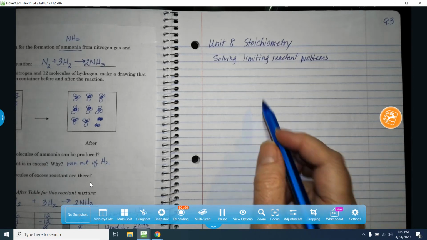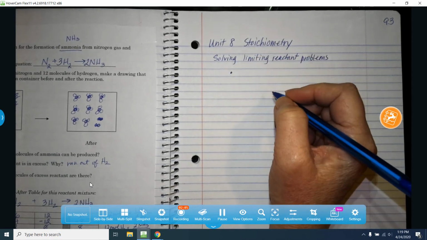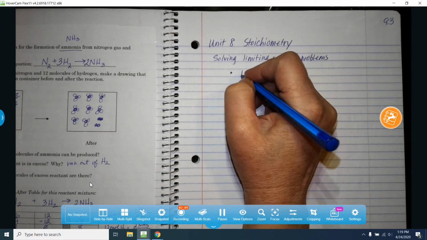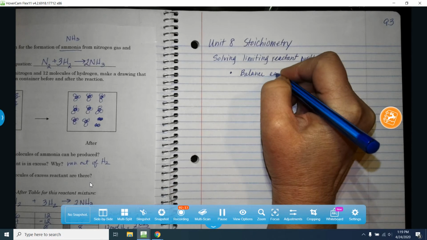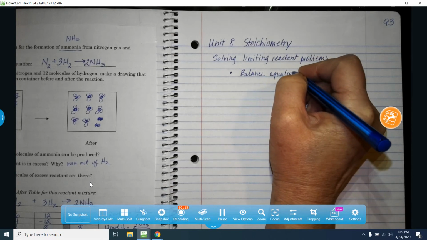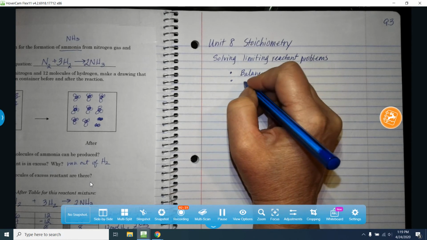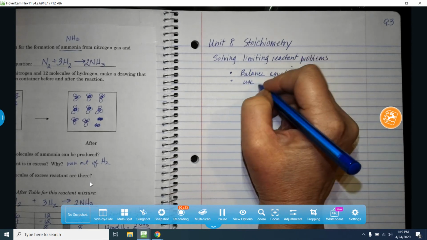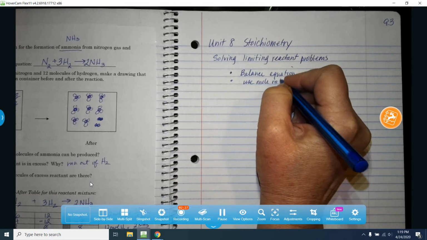To solve a limiting reactant problem, because it's still stoichiometry, you have to start with a balanced equation. So the first thing you've got to do is balance the equation if it's not balanced already. Then you're going to use those coefficients that you just figured out as mole ratios.